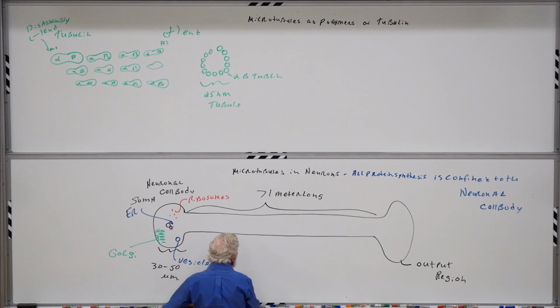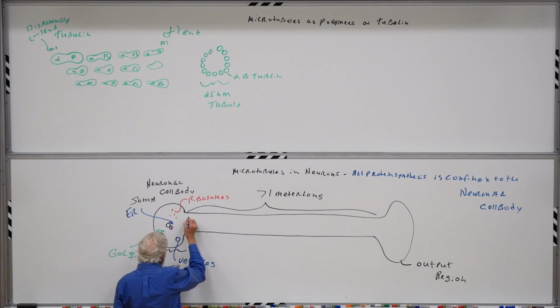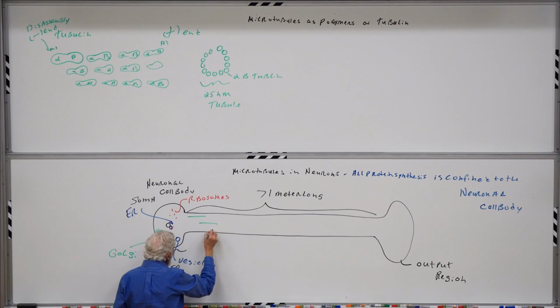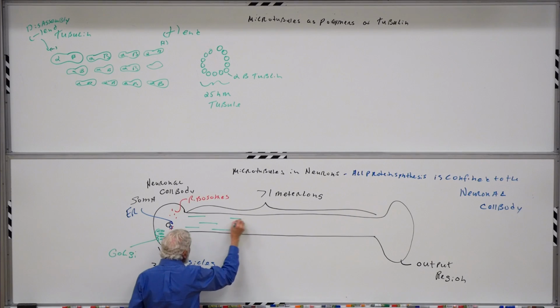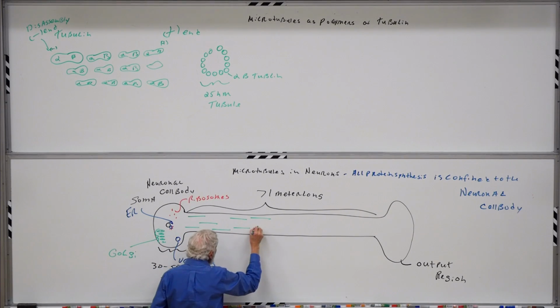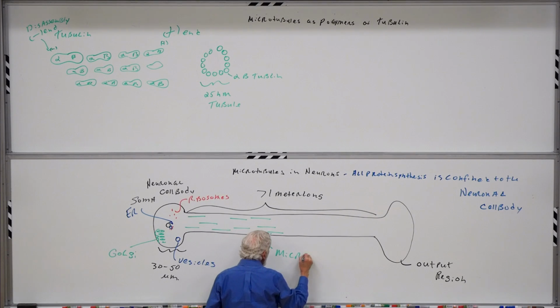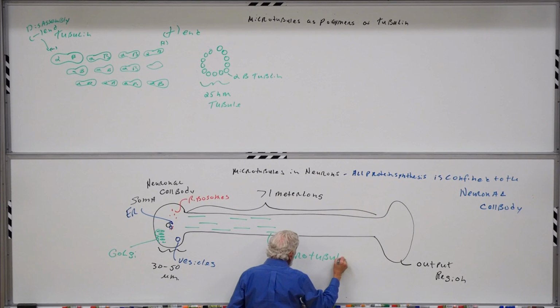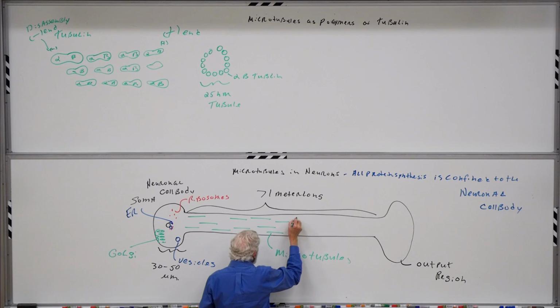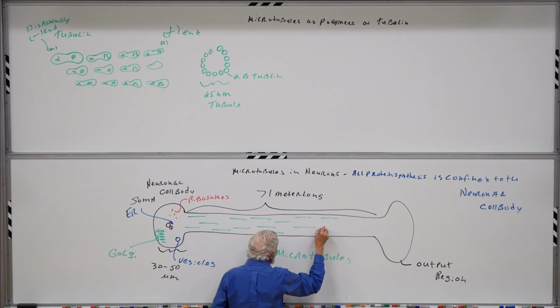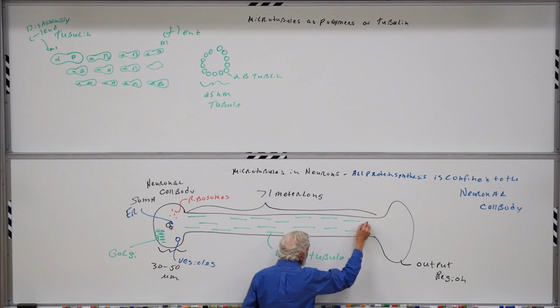So the microtubules, if we look along the length of the axon, all along the length of the axon are these microtubules. So these green lines that I'm drawing in here are the microtubules. So wherever we look along the length of the axon, we see these microtubules.